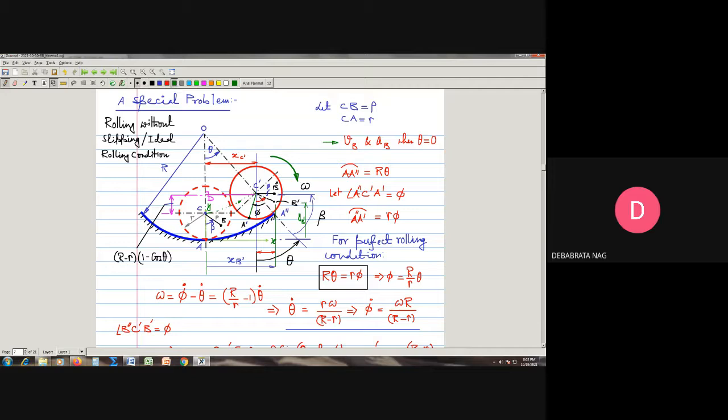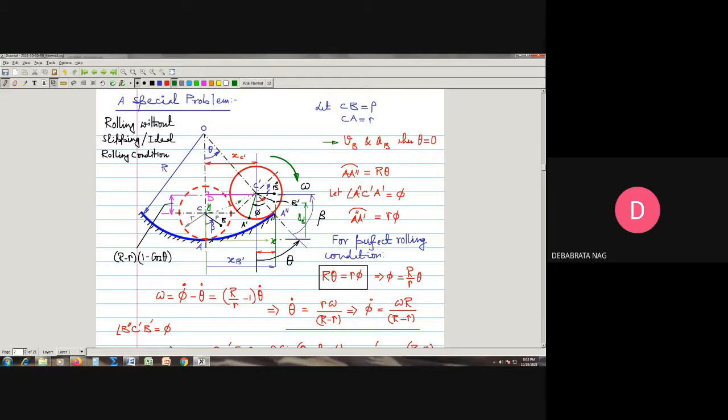Say the point B, which is defined at a distance of rho from the center of this cylinder or sphere-like body, and which is at an angle of beta from this fixed line. This line OA is a fixed direction.